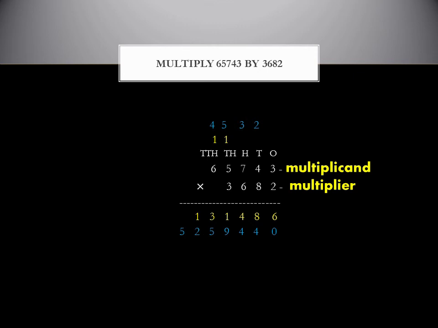Now see here, children, 6 3s are 18. So we write 8 and carry forward 1. Then 6 4s are 24 plus 1 is 25. Therefore write 5 and carry forward 2. Then 6 7s are 42. 42 plus 2 is 44.